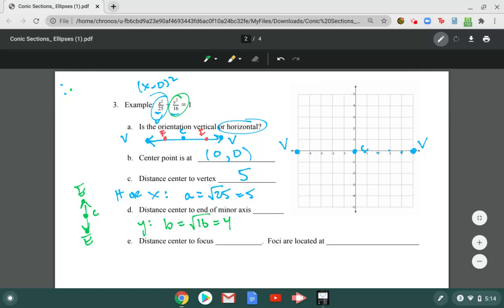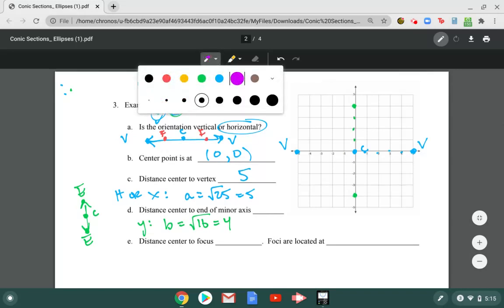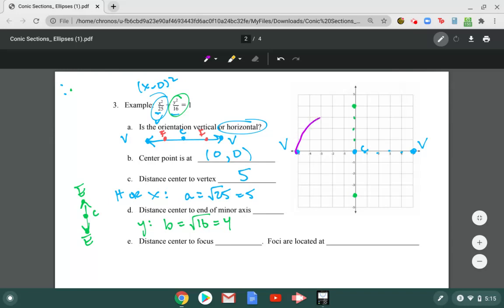So I need to travel 4 from the center. 1, 2, 3, 4, and 1, 2, 3, 4. And I have what I can put together as an ellipse. I'll just warn you, I'm not a great ellipse drawer, but if I go kind of slow, it's not so bad.